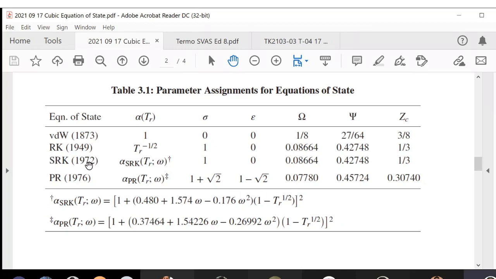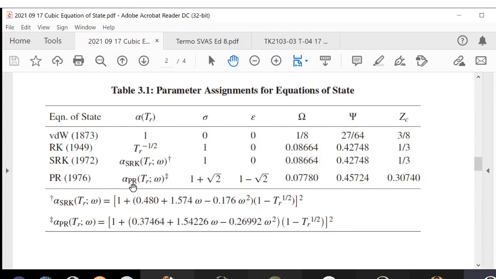This is SRK. Now let's understand alpha of the Peng-Robinson. This is a function of TR and omega, the same thing. We have omega and TR, but with different coefficients. So here we have alpha SRK, alpha Peng-Robinson.